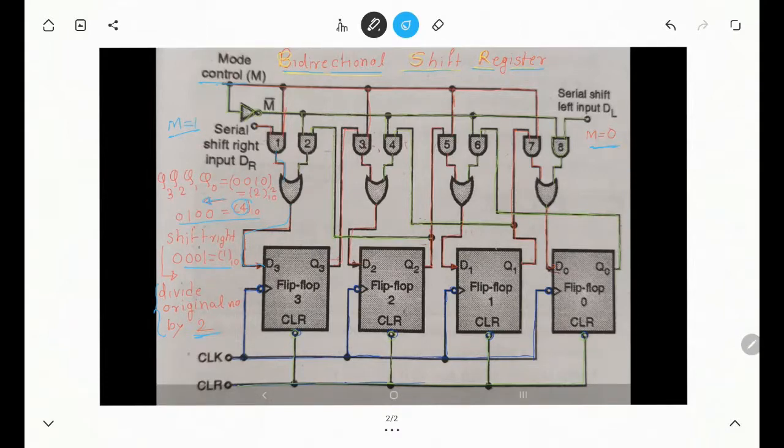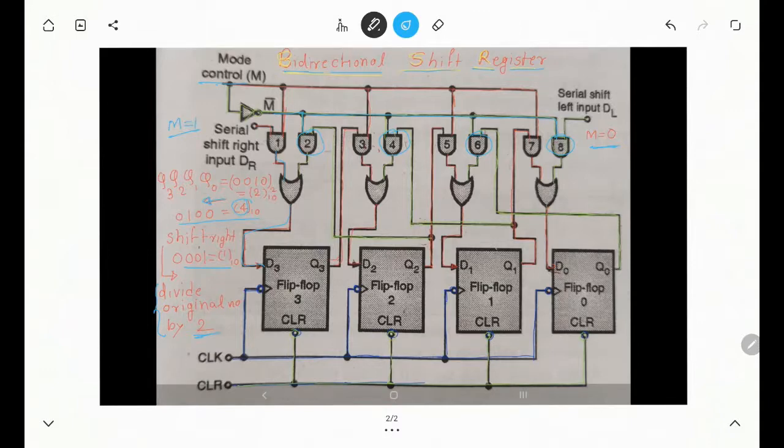M bar, the complement of that, becomes 1. Therefore in that case gates 2, 4, 6 and 8, these AND gates get enabled, and gates 1, 3, 5, 7 are disabled.